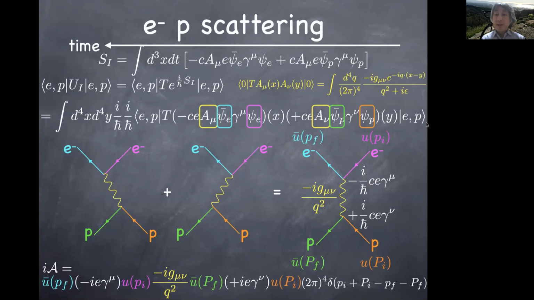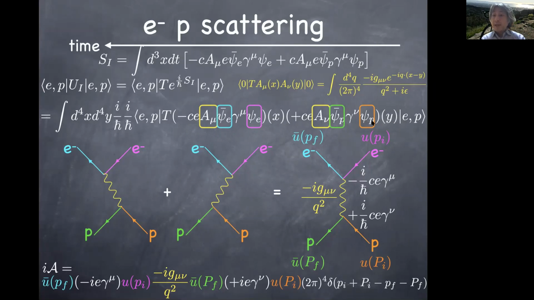In this particular example of electron-proton scattering, I have one term for the proton field interacting with the electromagnetic field, and another term for the electron field interacting with the electromagnetic field. These Dirac fields extract basically the positive energy solutions out of the mode expansion, because when you expand the Dirac field, it comes out to be the momentum integral of the annihilation operator of the particle times the positive energy solution.